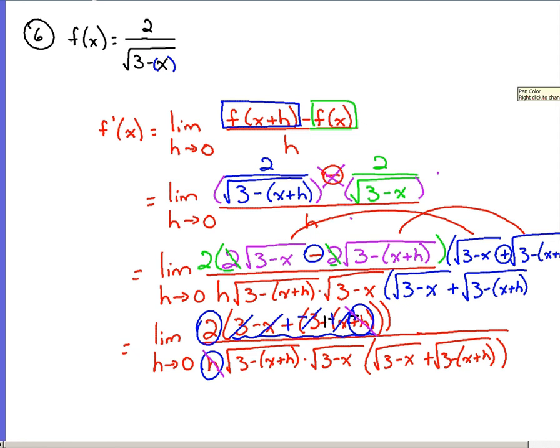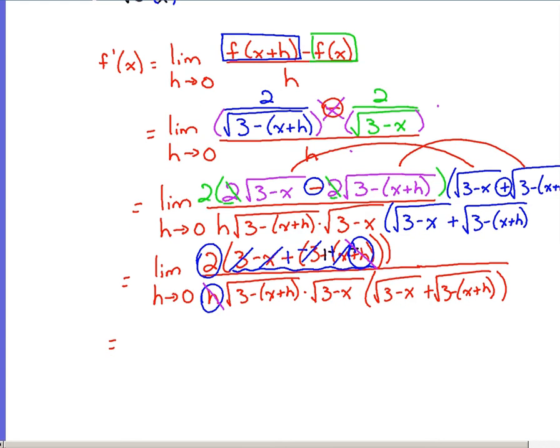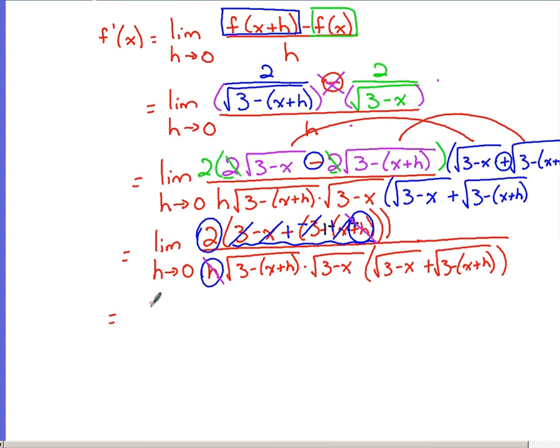So let's kind of reassess where we're at right now. Scroll down here a little bit. Taking the limit as h approaches 0. Limits still apply here because we haven't cleaned up our mess. We haven't simplified. We've got a 2 over, bringing this other stuff down.